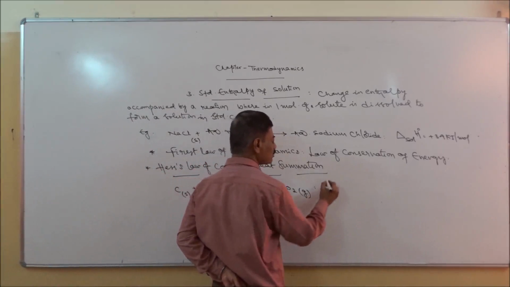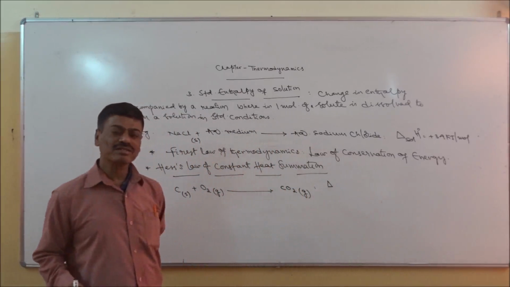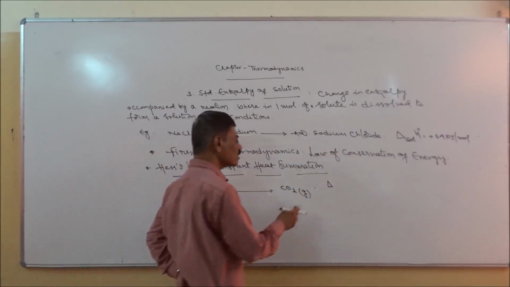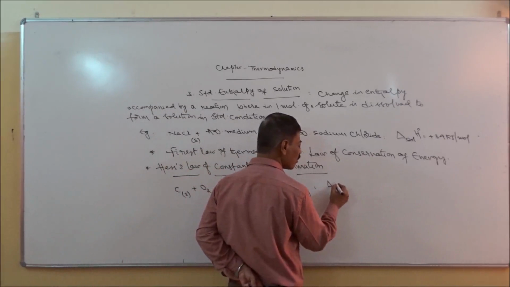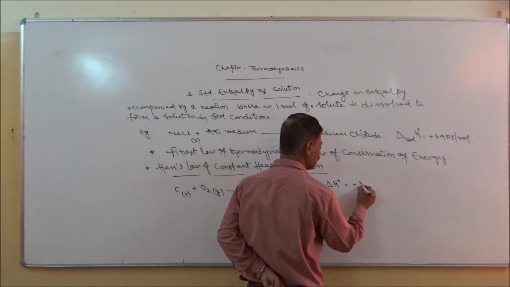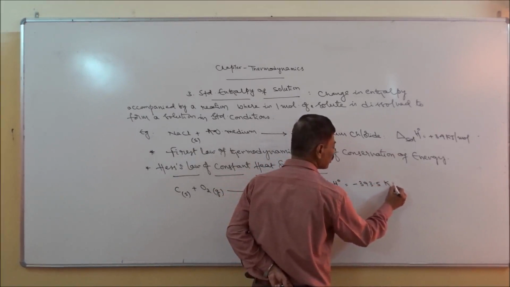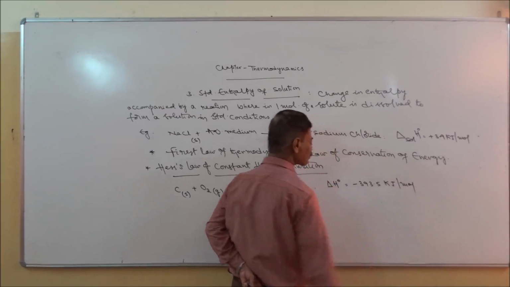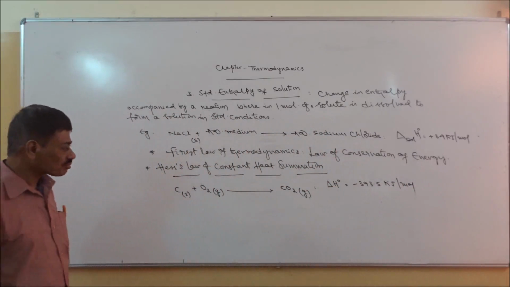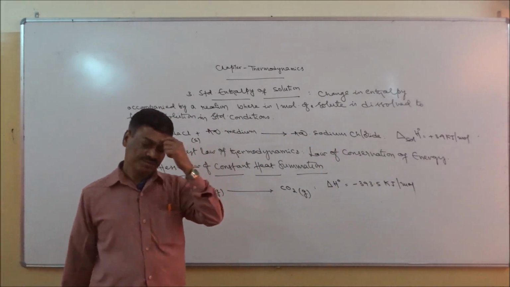In this reaction, here carbon is subjected to combustion. So we can write delta C H naught or delta H naught is equal to minus 393.5 kilojoules per mole. And this has taken place in single step.